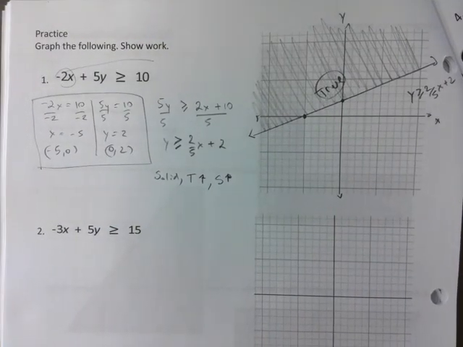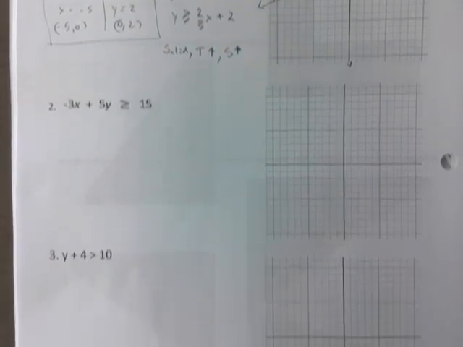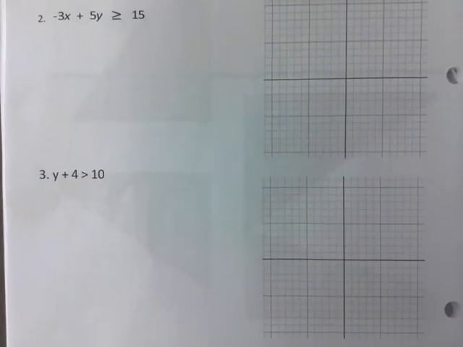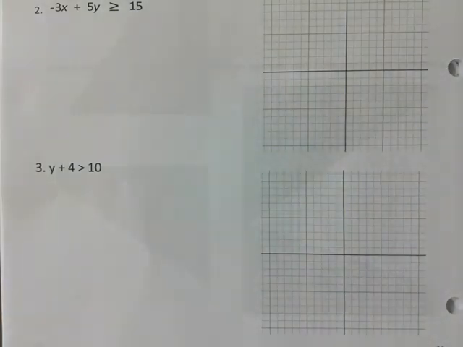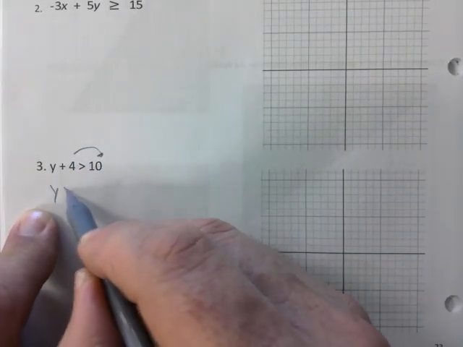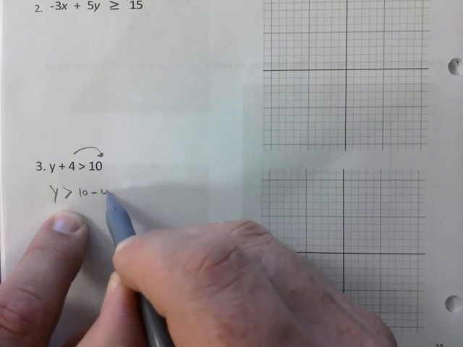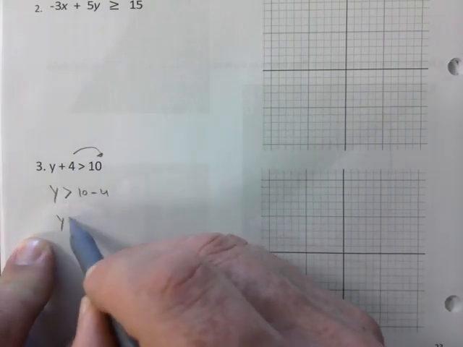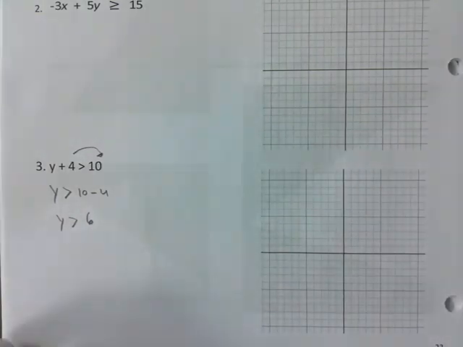I'm going to post the key to this, so I will skip the second one, go straight to the last one here. What is that? Just y, special case, horizontal. You just bring this over. So it's y is greater than 10 minus 4. It comes over negative, so it's just 6.